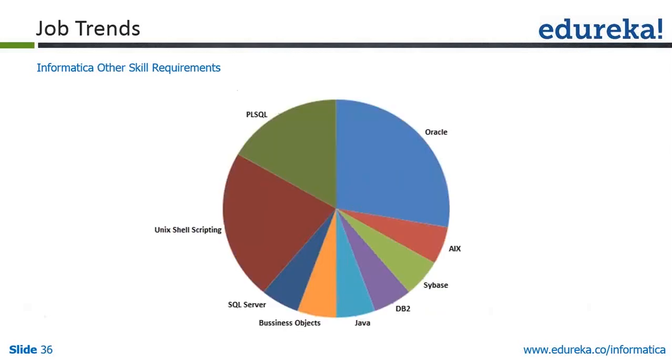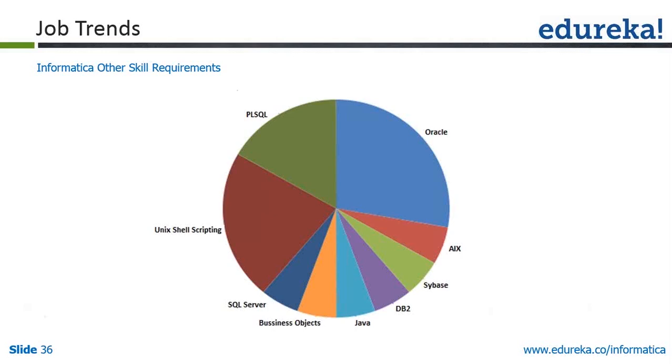Now, people are asking what other skill requirements there are to be part of Informatica, right? As I said, as a prerequisite we should know databases, a bit of database and SQL queries. That will be fine. And these are the skills that are required in the job market along with Informatica.